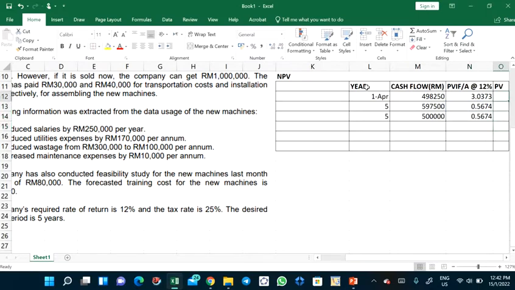So nak kira present value, darabkan cash flow ni dengan PVIFA ataupun PVIF value.